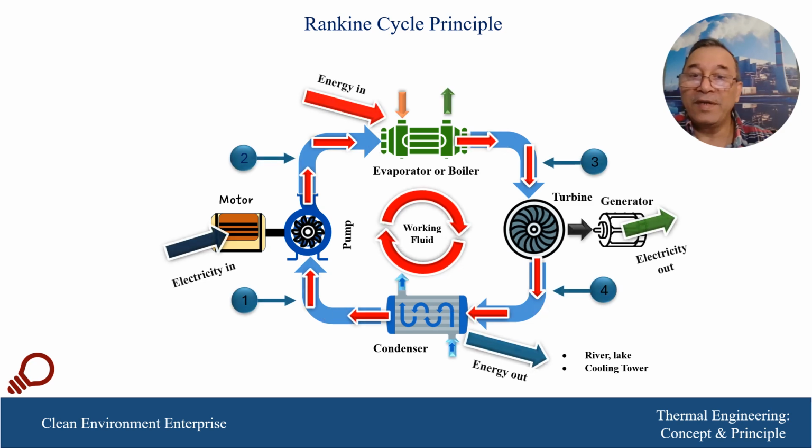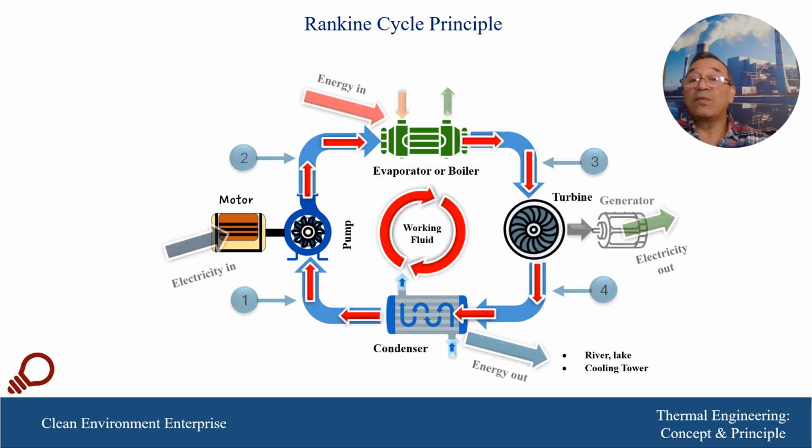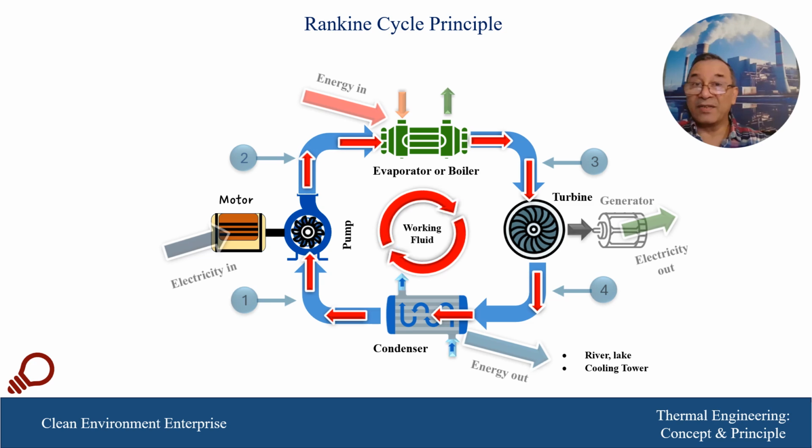The fluid is condensed, changed to liquid, and then pumped by the pump, returning back to the evaporator. This cycle is called the Rankine cycle. At the end, we extract energy from outside and then change it to electricity. So the fundamental is how to get the energy from outside, and then in this unit we will convert it to electricity.